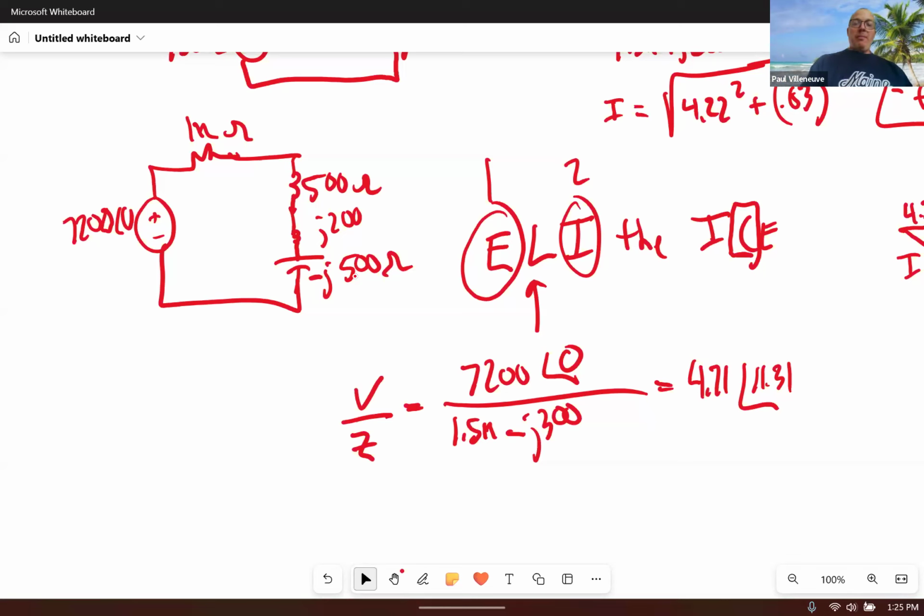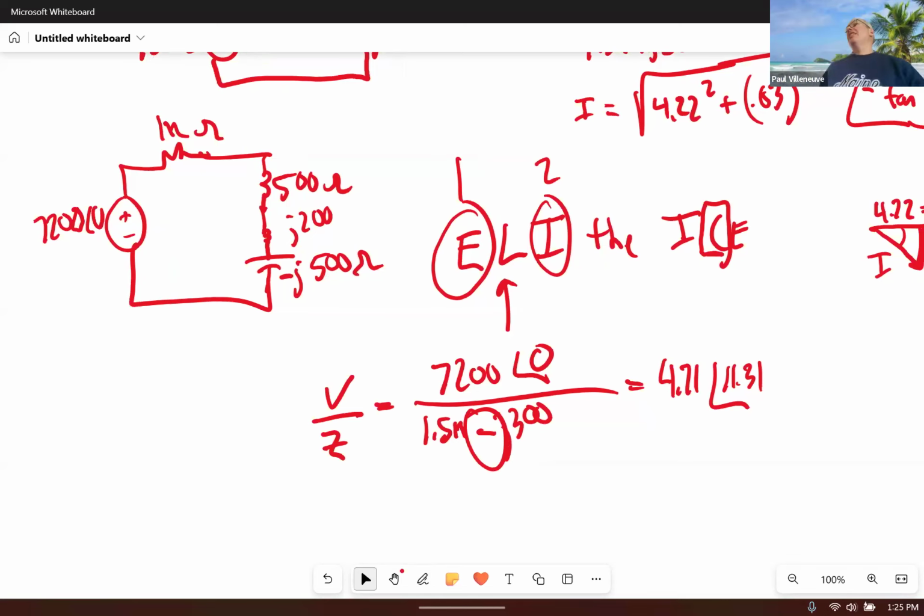How do I know it's more capacitive? Because that is a negative number. Once I know it's a capacitive circuit, I focus on the ICE part. In a capacitor, what comes first, I or E? I. So in a capacitive circuit, the current leads the voltage.